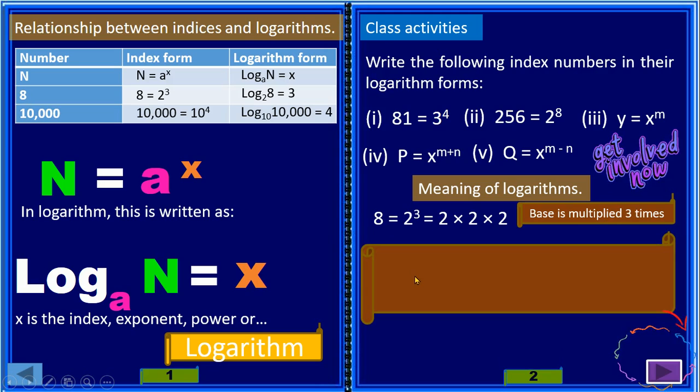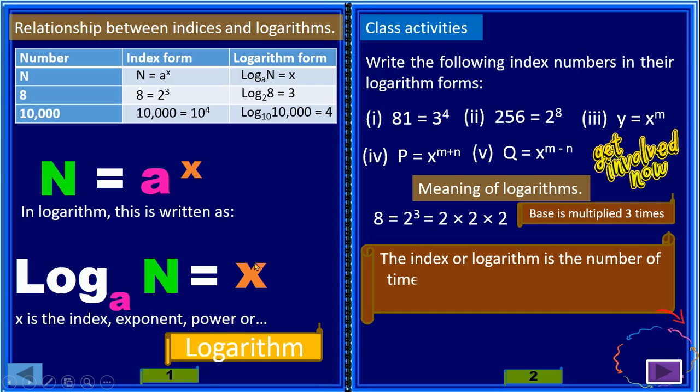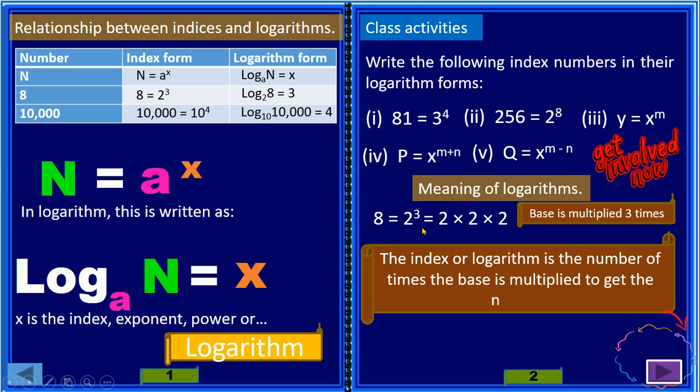Therefore, we can now say that the index or the logarithm is the number of times the base is multiplied to get the number. The number in this case is 8.